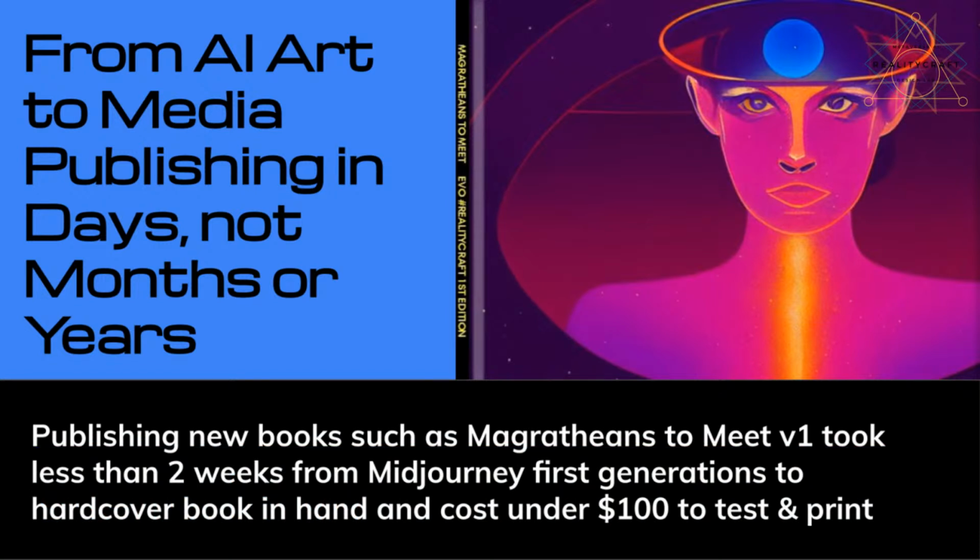I started within Midjourney exploring in depth in June. By September, I had reached about 20,000 images, and I decided to try a book. I was able to go from first generation to a book in my hand in 2 weeks. And that process is becoming even tighter now.